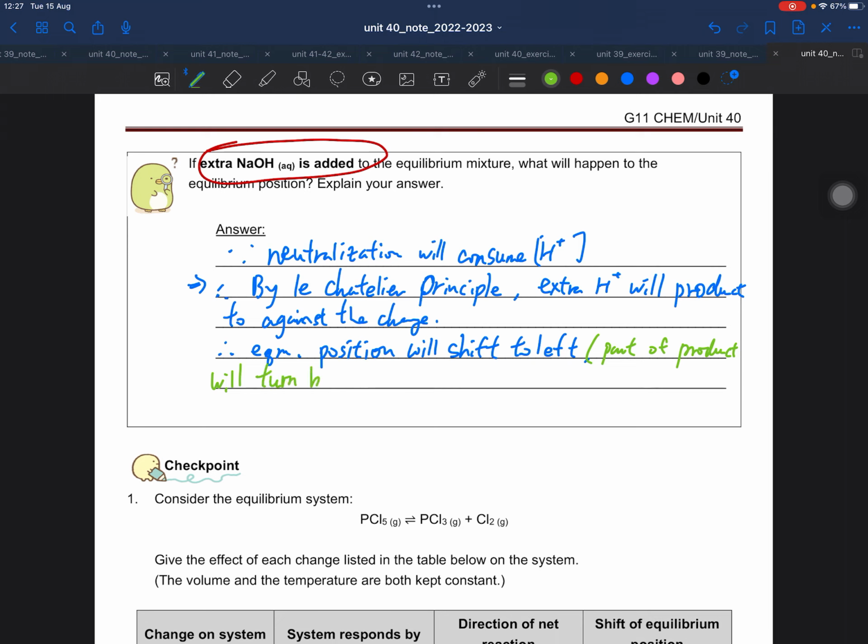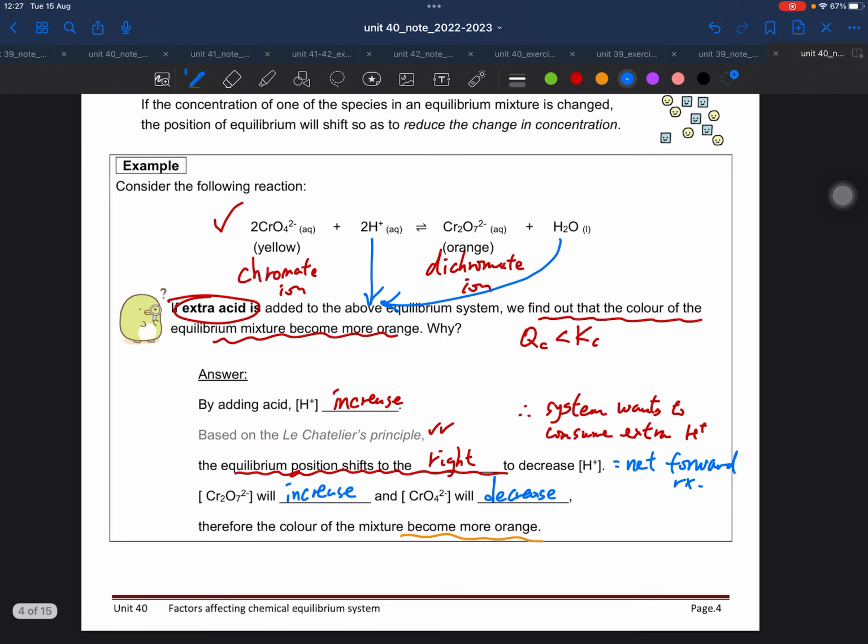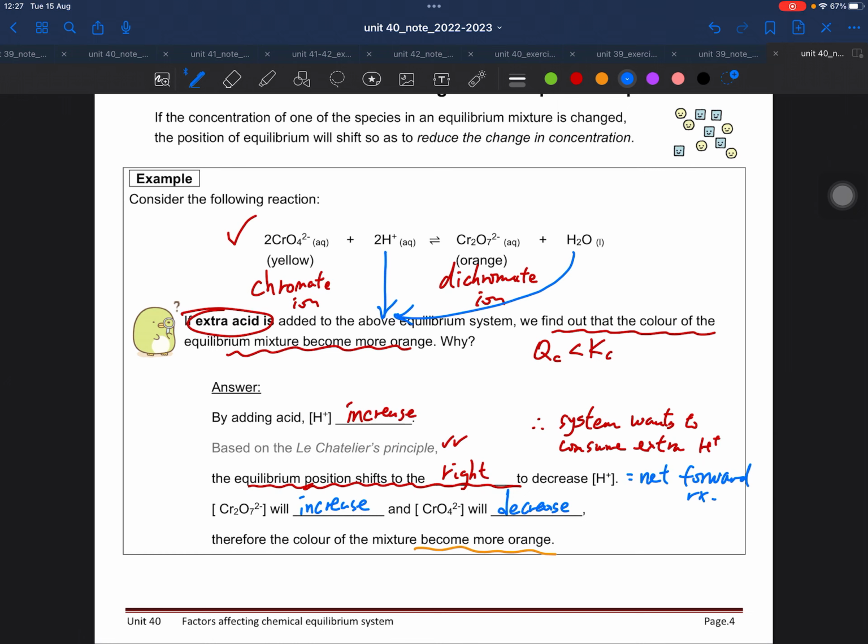Okay, it will turn back to reactant, and as a result, the reaction mixture becomes yellow because chromate ion concentration increases, right? So have a look at this. The equilibrium position shifts to the left and produces more chromate ion.